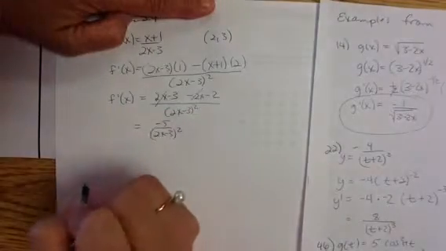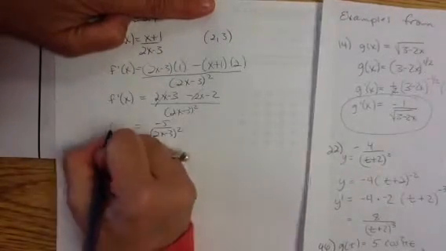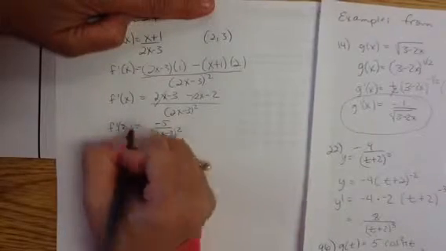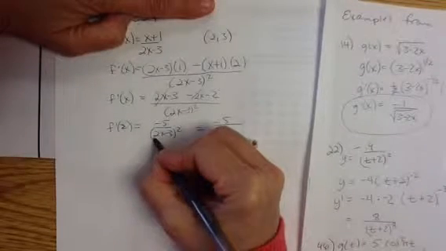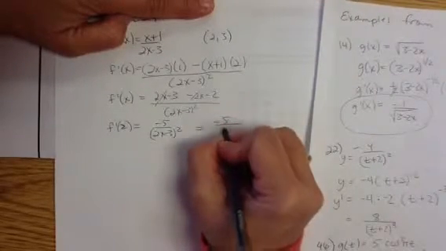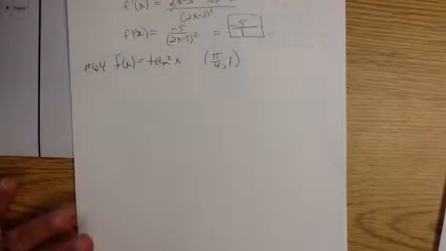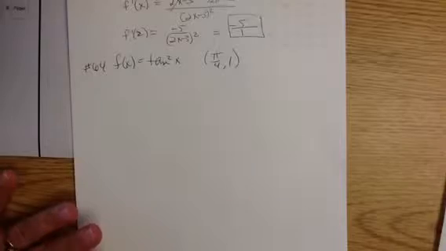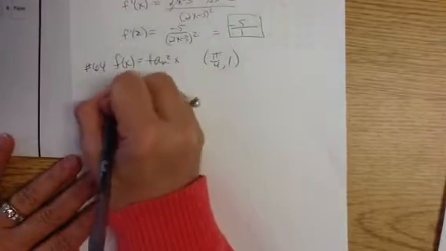Now it's asking me to evaluate it at the point 2, 3. So I'm going to plug in 2, and what I get is negative 5 over 2 times 2, which is 4, minus 3, which is 1, squared, which is 1. So there's my answer. Right, the next problem is, what we need to find is the equation of a tangent line at this point. So to find tangent lines, we take derivatives.